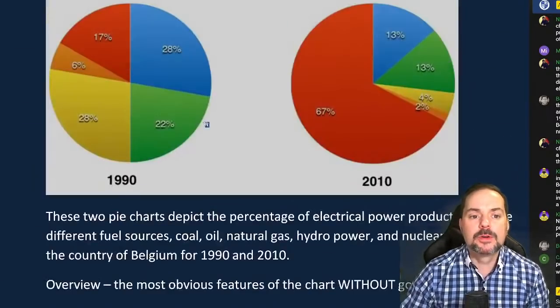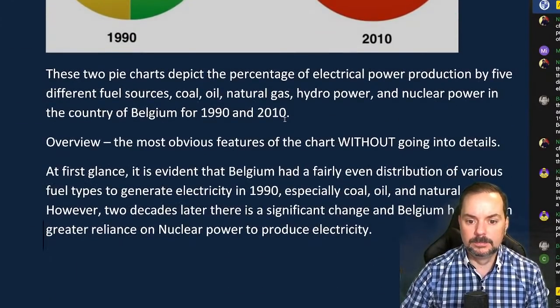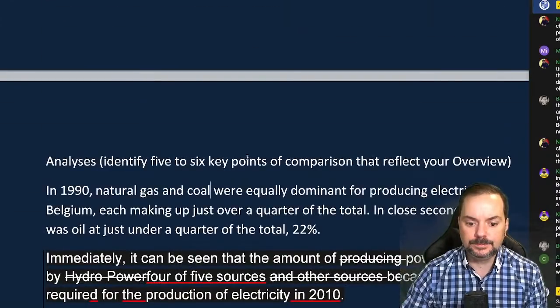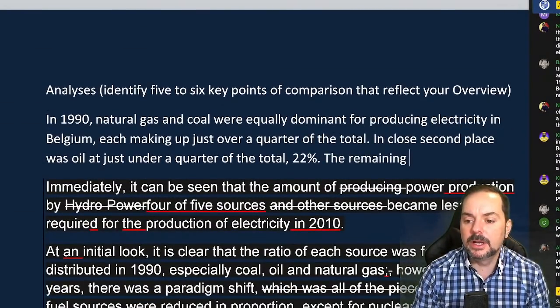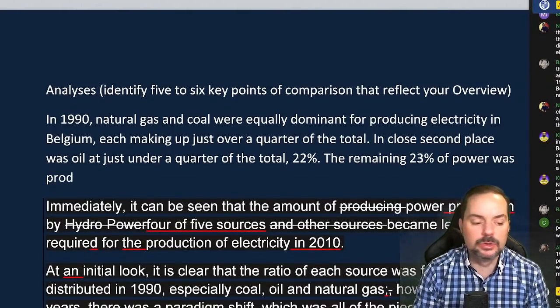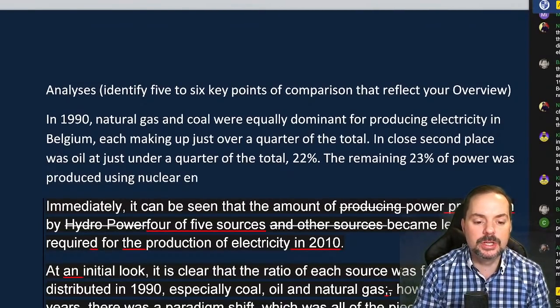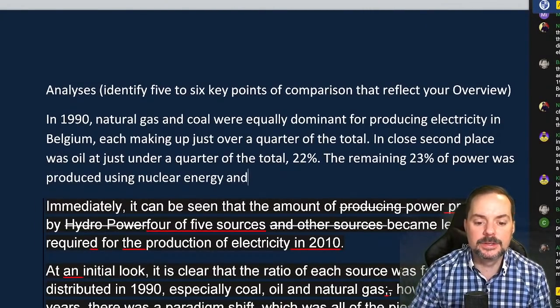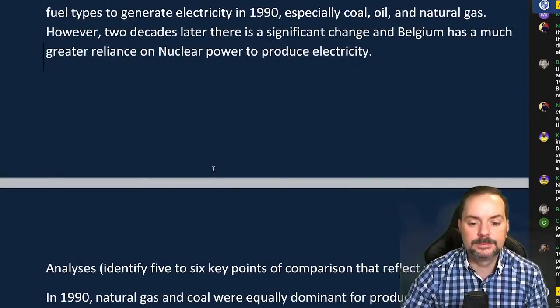All right, so I've already gotten my point 1 and my point 2. All right, so the remaining 23% of power was produced using nuclear energy and hydropower.